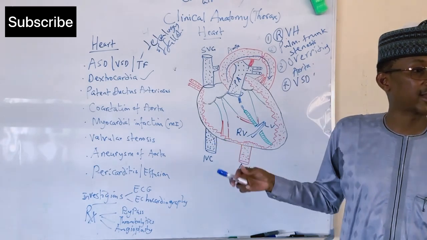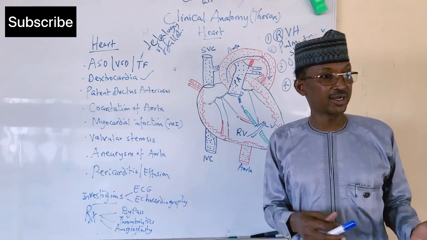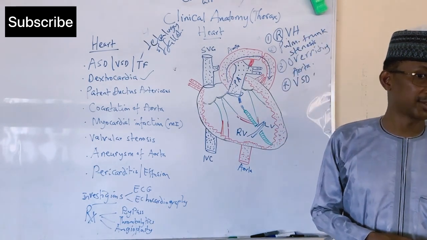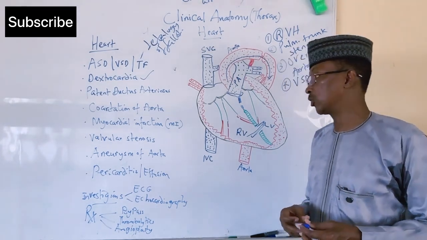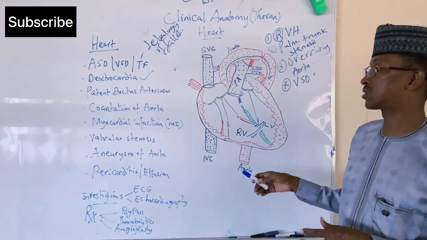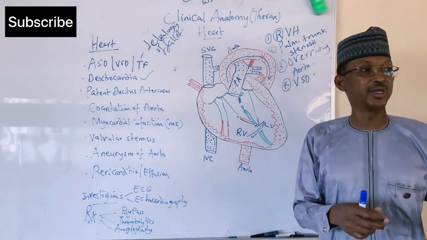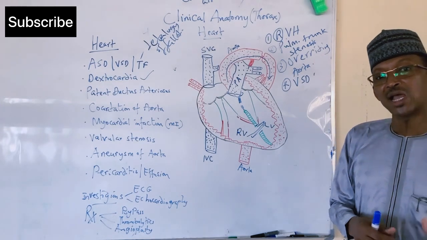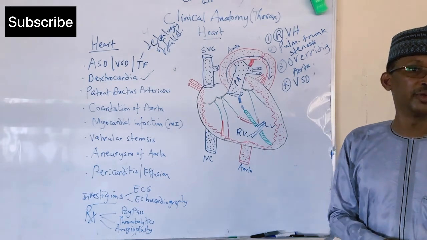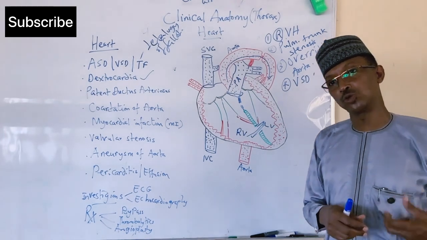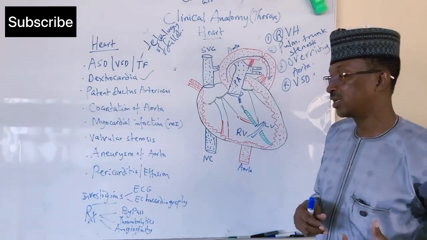And so myocardial infarction is one of the common causes of sudden death, not only in African countries, but even in the developed world, like the US, UK, and so on and so forth. So we should just note that myocardial infarction is a condition in which the coronary arteries get blocked, and so the area being supplied by that artery gets devoid of blood supply, and so one is going to experience very excruciating pain in the chest.